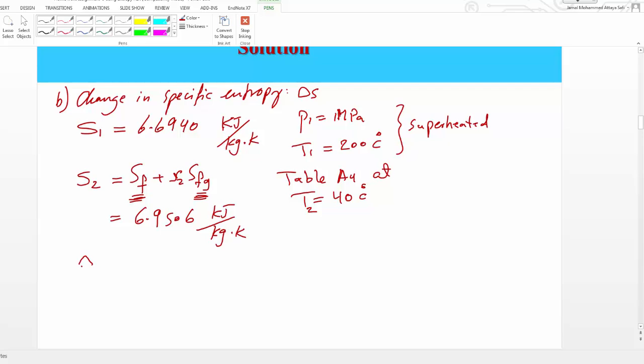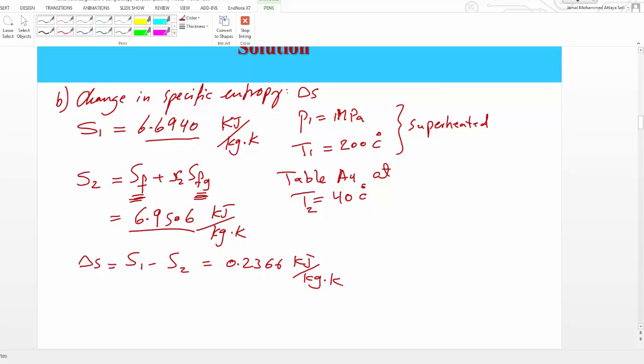So ds in this case is equal to S1 minus S2, and if you put this number and this number and subtract them, you will get that ds is 0.2366 kilojoule per kilogram Kelvin.